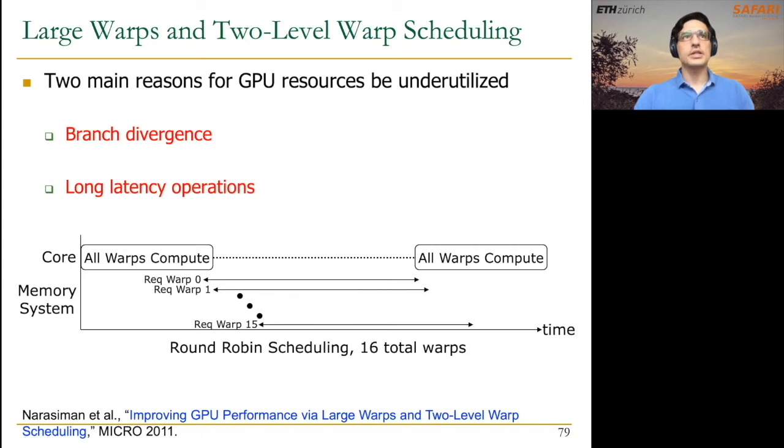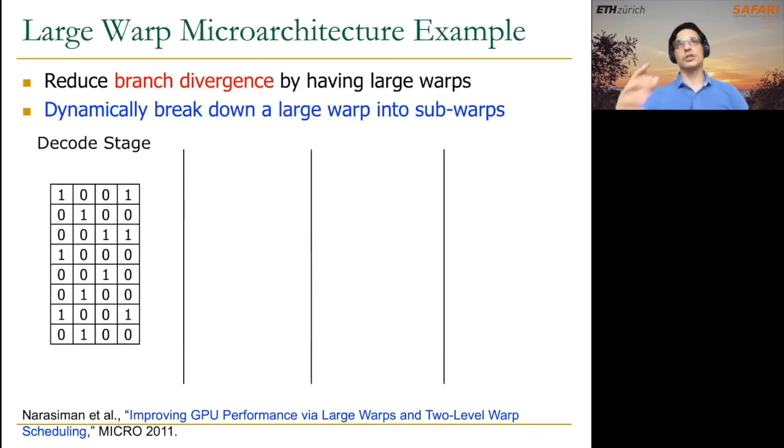Okay, so let's first talk about how to deal with branch divergence. The key idea here is kind of similar to the idea of the dynamic warp formation that we have seen in the previous example. The main difference is that instead of merging two different warps of 32 threads, as we did in the previous case, here we are proposing the usage of larger warps, for example, warps composed of 128 threads instead of 32.